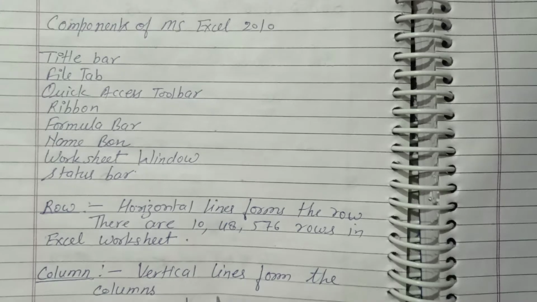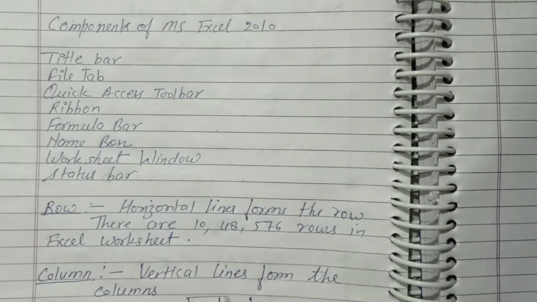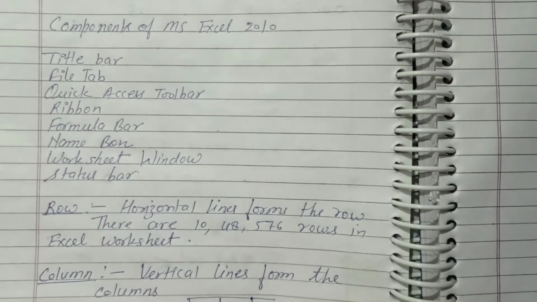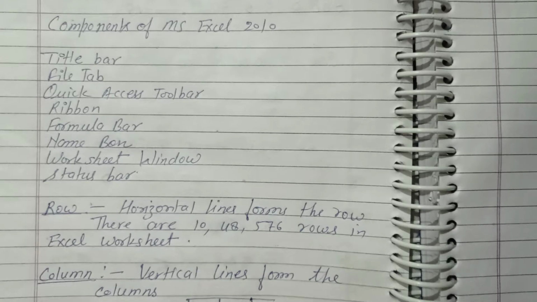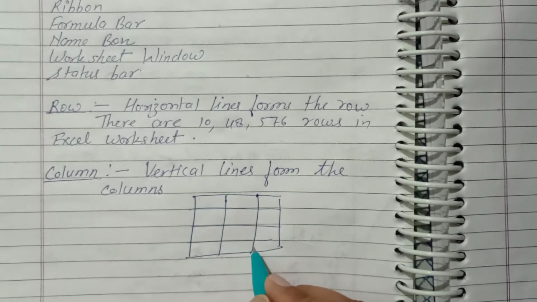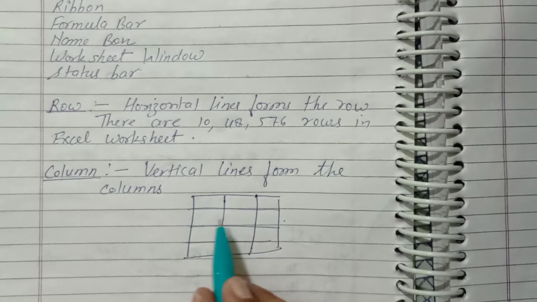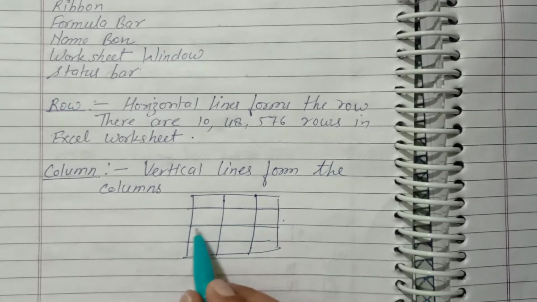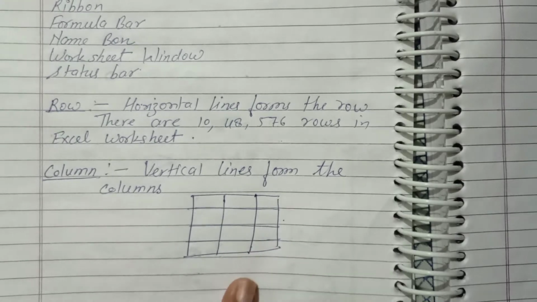If we take an example of a column, suppose this is the worksheet. Here these lines are used to form the columns. This is the worksheet of Excel, and these horizontal lines form rows.